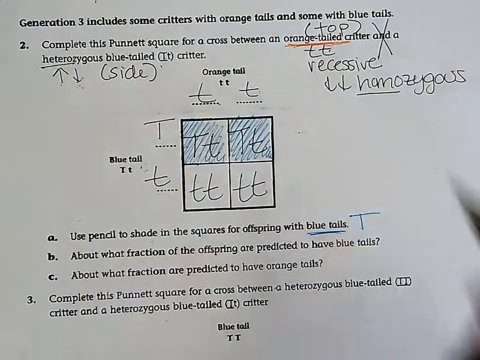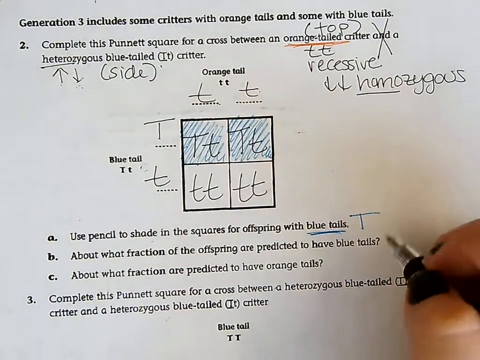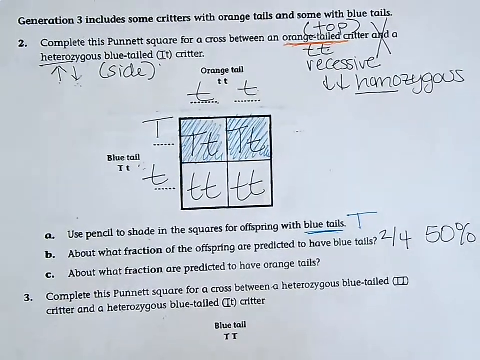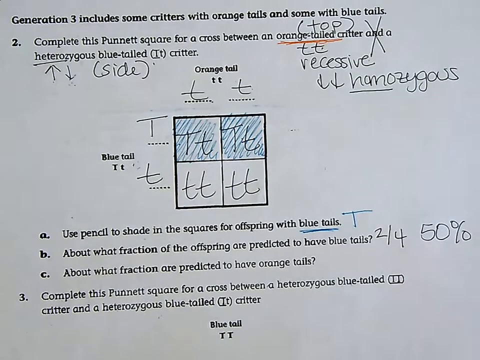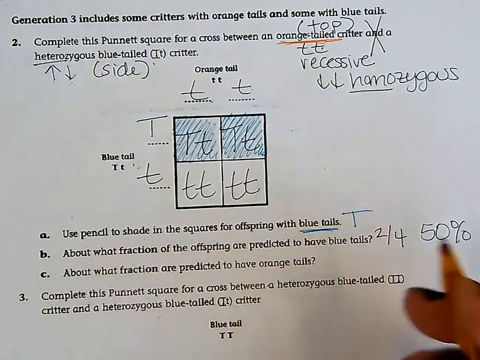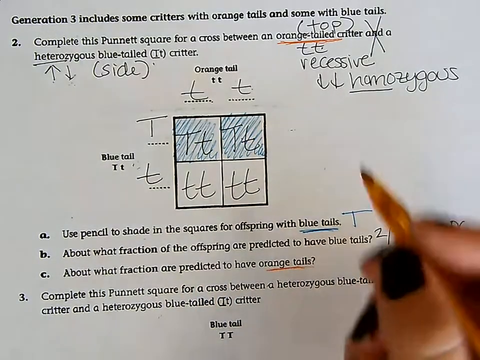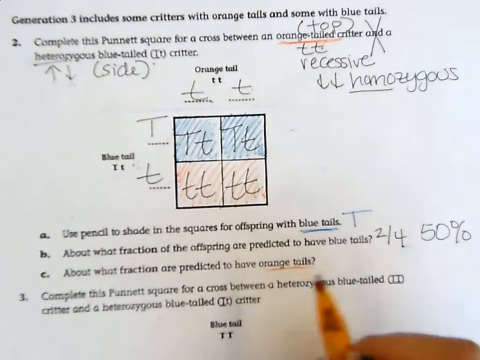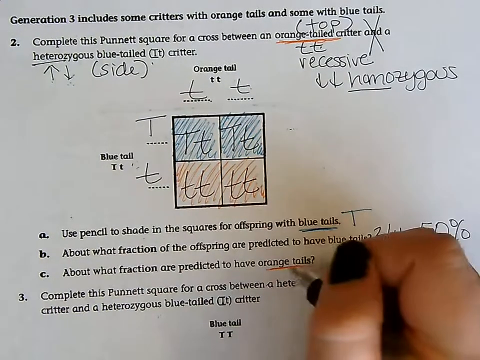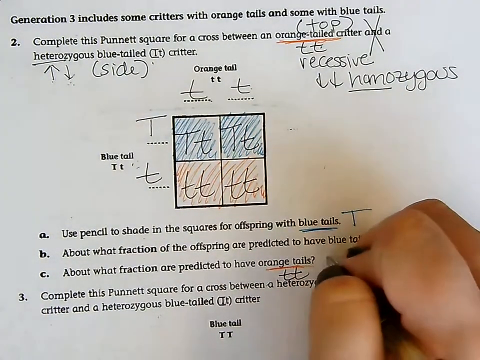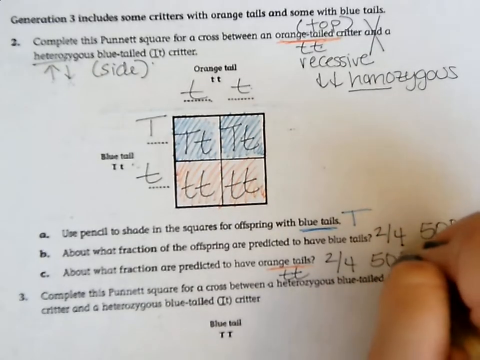Well, that's 2 out of 4 squares, or 50%, whichever way you would like to write it. Then it's asking what fraction are predicted to have orange tails. Well, I know it didn't say shade it, but I'm going to just do it to help with the visual. So for orange tails, remember that is little t, or homozygous recessive, and you get 2/4 or 50%.